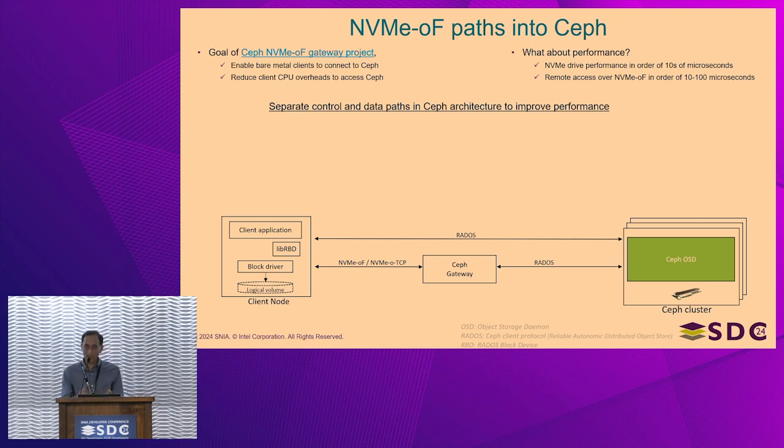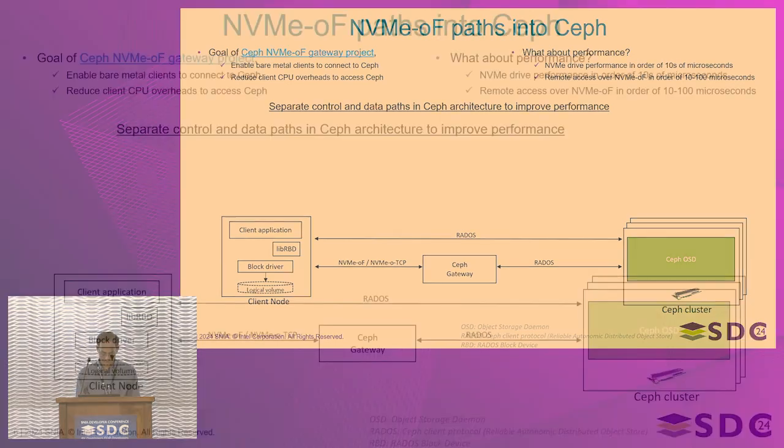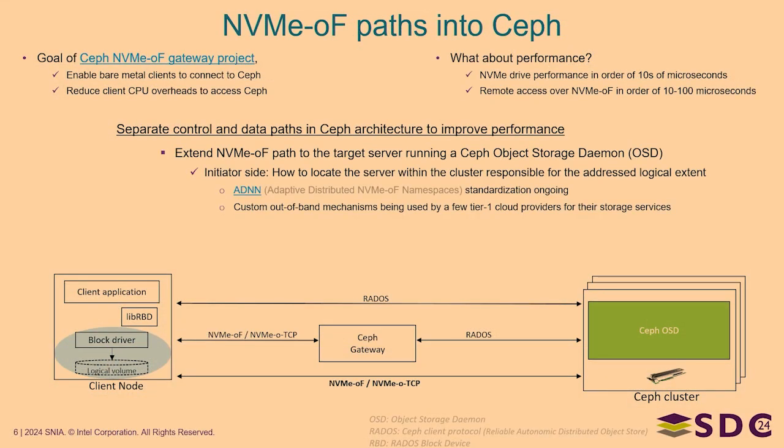So that's where our work starts, where we say, okay, let's look at separating the control and data paths. And the first thing here is we want to extend the NVMe over Fabrics path from the client all the way to the backend server where the Ceph OSD is running, right?